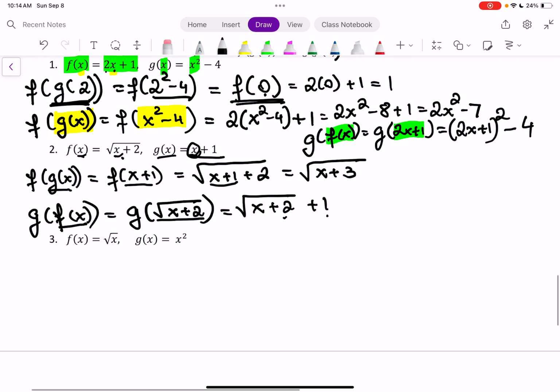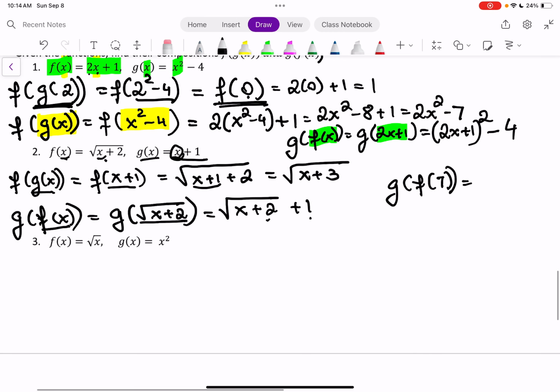So here, just to try, what would be, for example, g of f of 7? So what it says is, first of all, figure out f of 7. Well, f of 7 is the square root of 7 plus 2, and the square root of 7 plus 2 is the square root of 9.